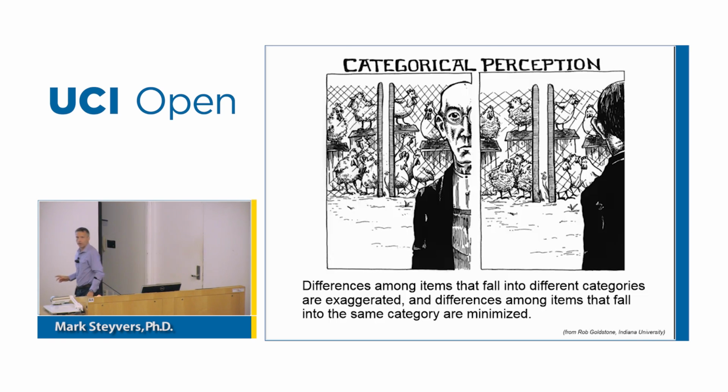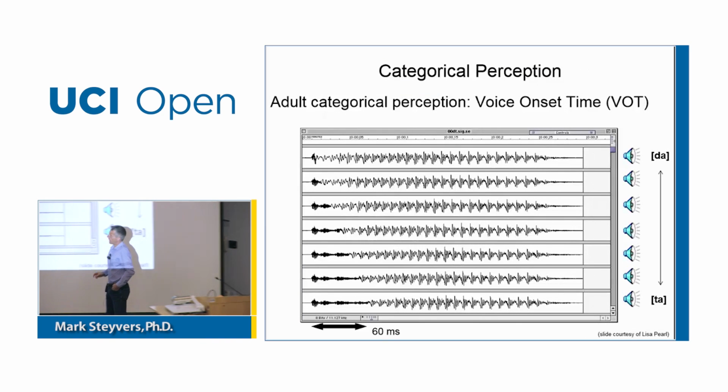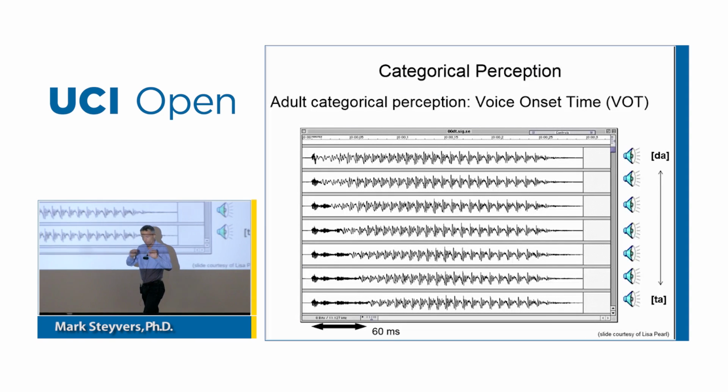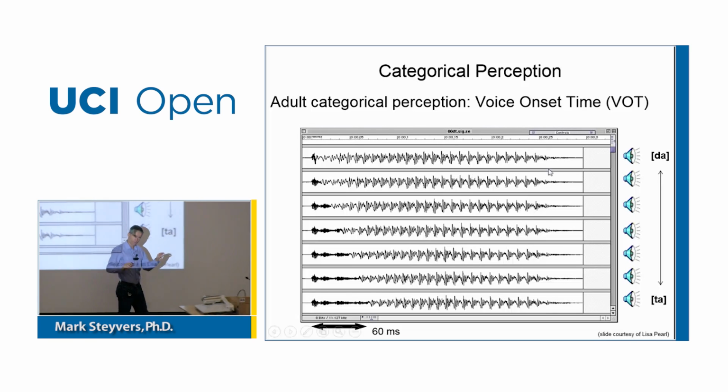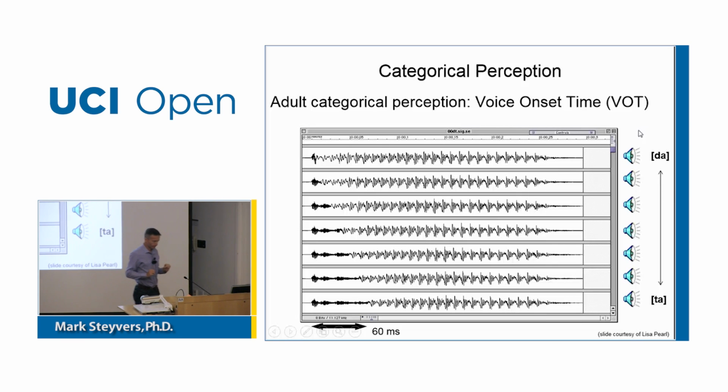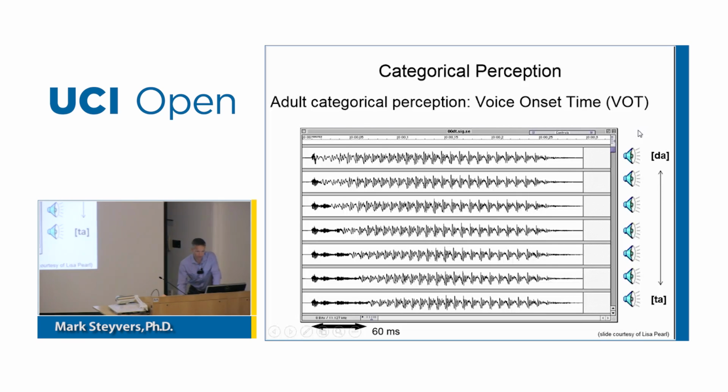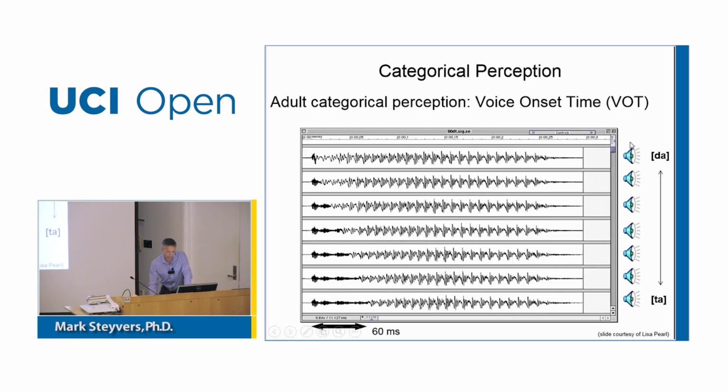Now these are computer generated, and you can actually smoothly interpolate between these two sounds, the da sound and the ta sound. And I'll show you this interpolation. So da. Okay, so you go from one sound to the other by doing one simple change.